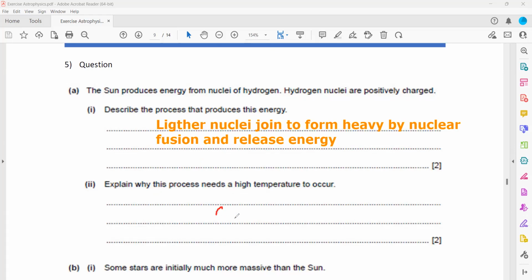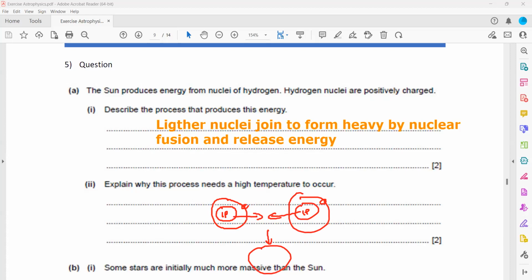For example, we have a hydrogen nucleus, one proton and one electron, and there's another hydrogen, one proton and one electron. We want to fuse them together, to bring them together. But because like charges repel each other, a hydrogen nucleus will repel another hydrogen nucleus. We want to mix them together and make one. So how can we overcome the repulsion? By hitting them, or having them hit each other at a high speed. So the nuclear repulsion can be overcome.